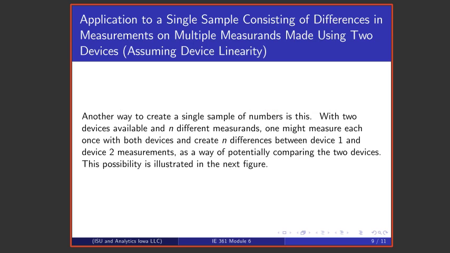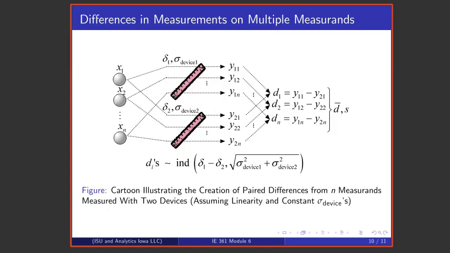A second kind of application of these one-sample t and chi-square intervals comes about this way. If one has two devices and a number of different measurands and thinks about measuring each measurand once with each device, one gets a schematic something like this.